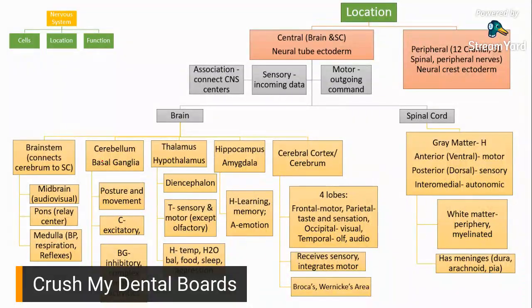Cerebellum would excite. The basal ganglia would inhibit. But both of them are responsible for posture and movement. Okay? So they're responsible for motor activities, particularly posture and movement. And then we have your thalamus and hypothalamus, which is part of your diencephalon.